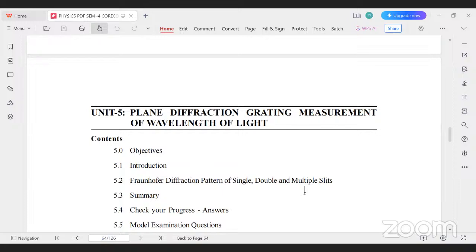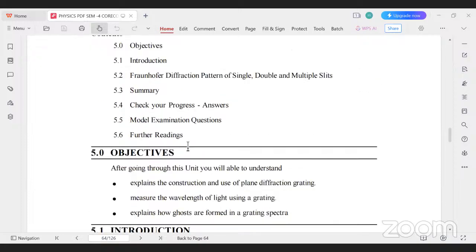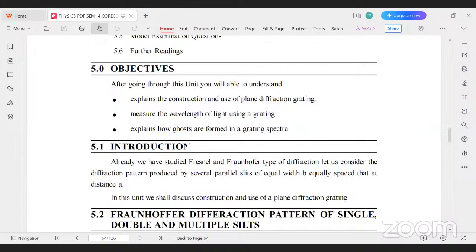In the same way, grating is also done, and to get a proper output of the light or the spectrum through the material, grating is done. This is the best example of how grating takes place. So the topic is the plane diffraction grating measurement of the wavelength of light. It is very simple if you understand how the grating takes place.